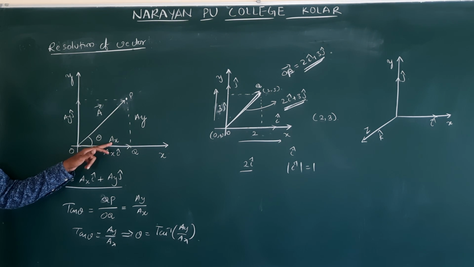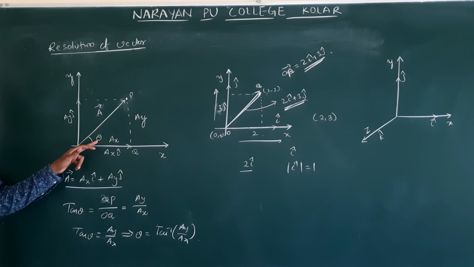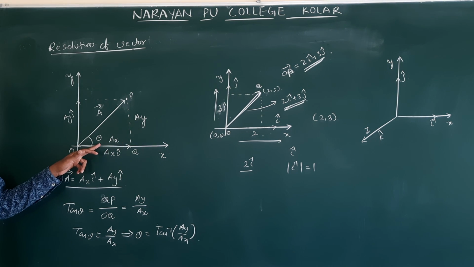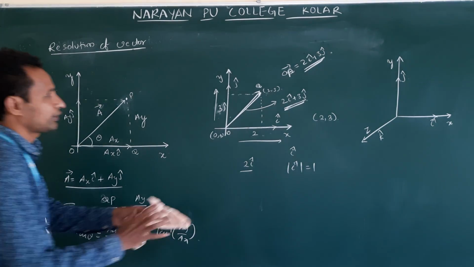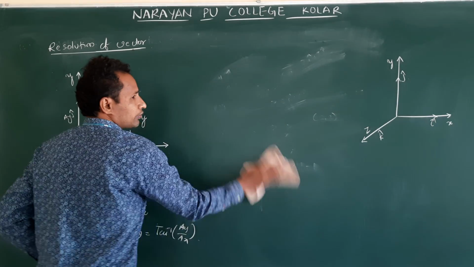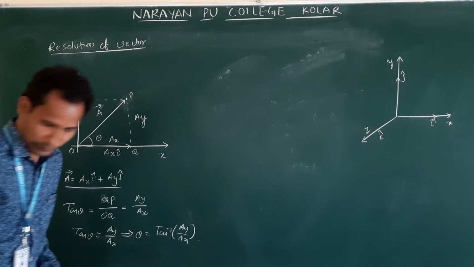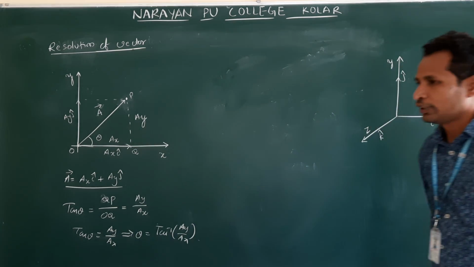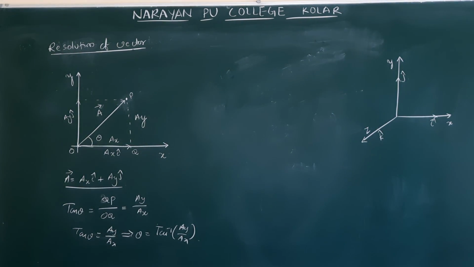How do we write Ax in terms of theta? How do we write Ay in terms of theta? Clear? That we will see here. So now we wish to calculate Ax and Ay.